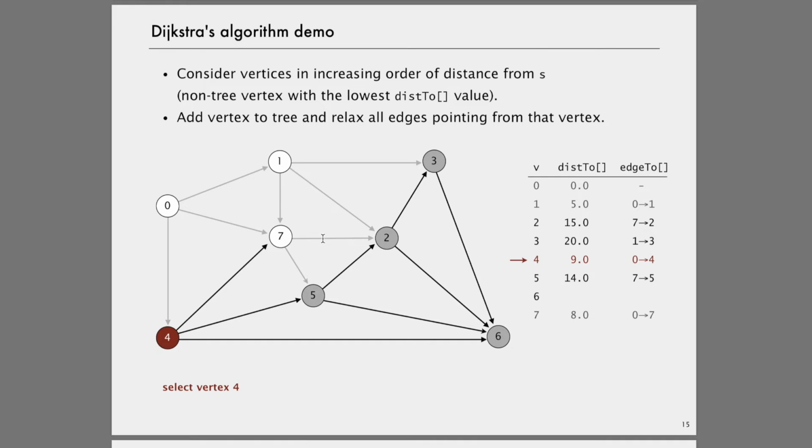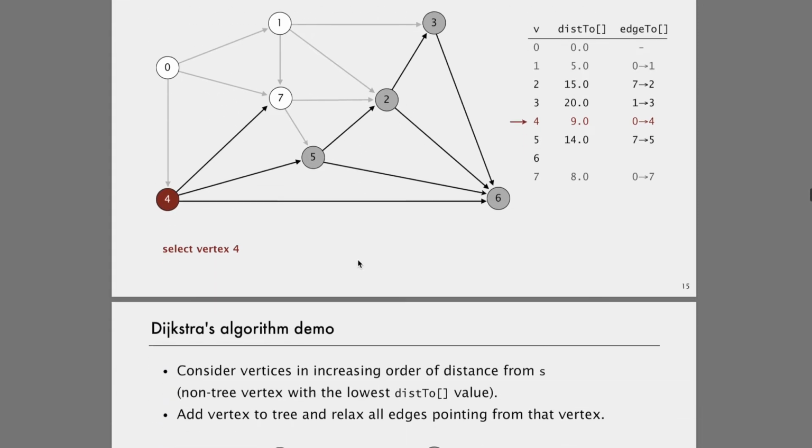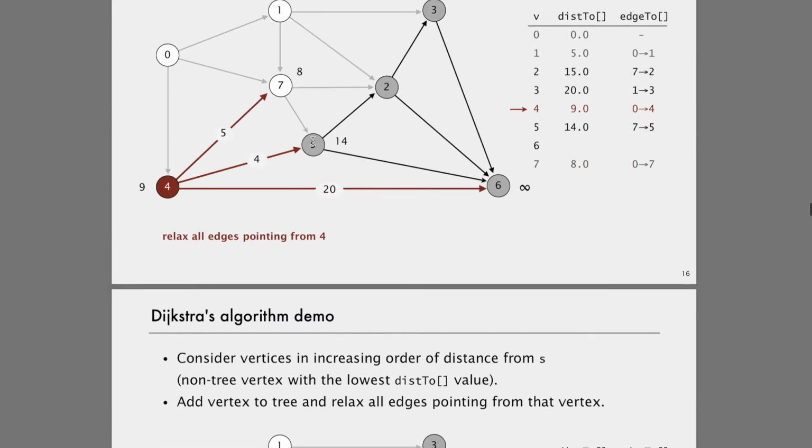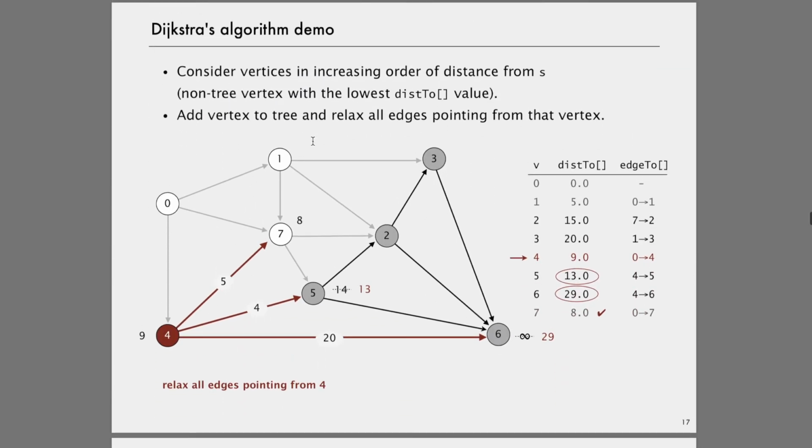And we relax along all its edges. In this case, we find a shorter path to 5 than we knew before here, and a shorter path to 6. Well, we visit 6 for the first time. Okay, that's 4.